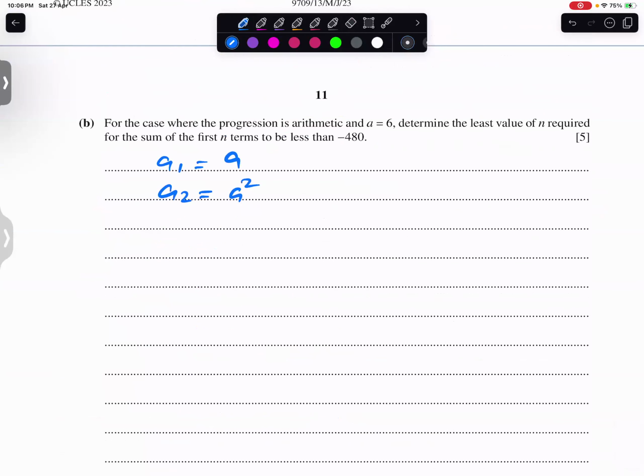If a is 6, then 36 over 8, so this will be 9/2, sorry.